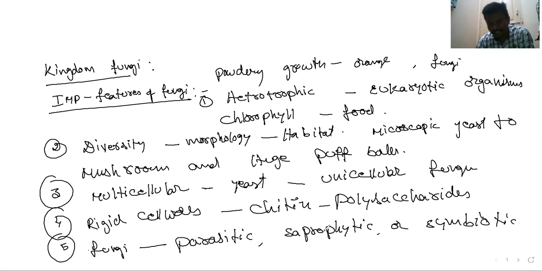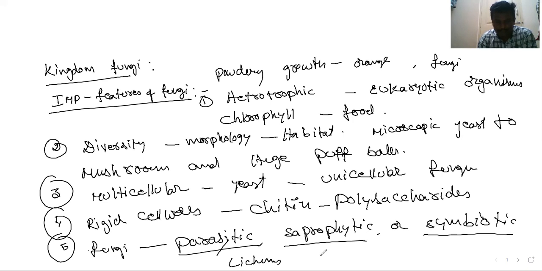Parasitic means fungi live in animal and plant bodies, inside or outside, and cause diseases. Saprophytic fungi decompose organic matter and keep the surface clean and hygienic. In symbiotic species, both partners benefit, for example lichens, the association of fungi and algae.